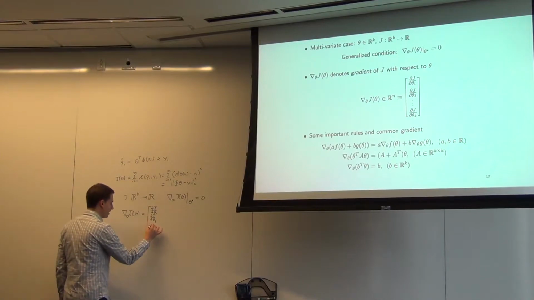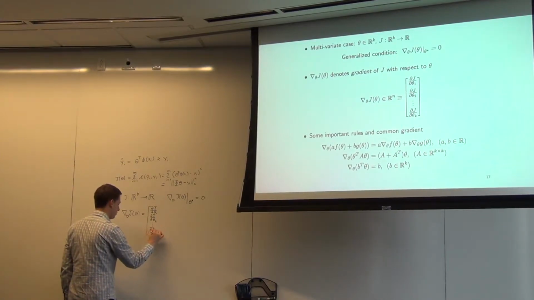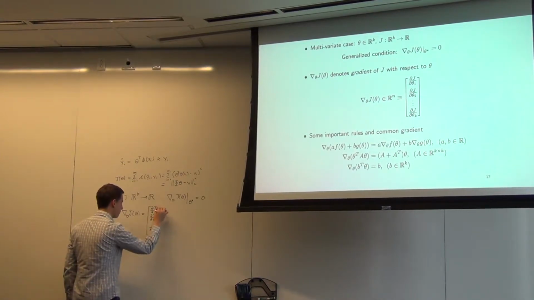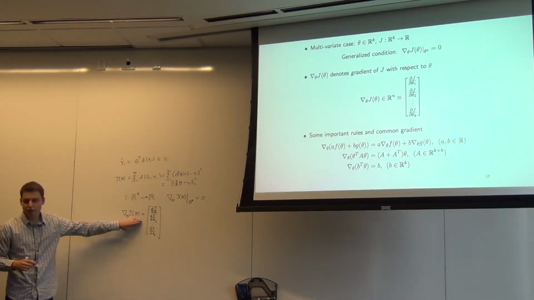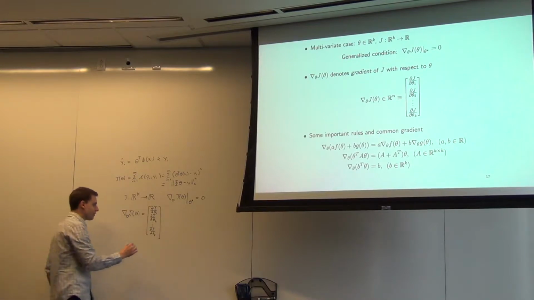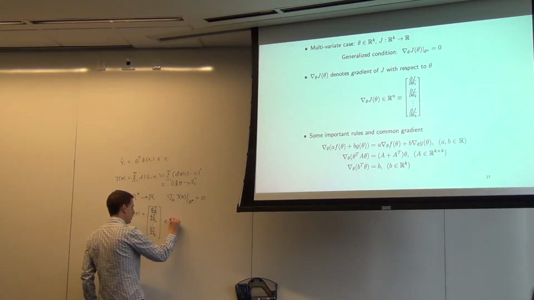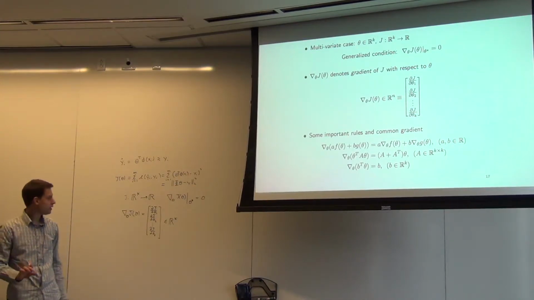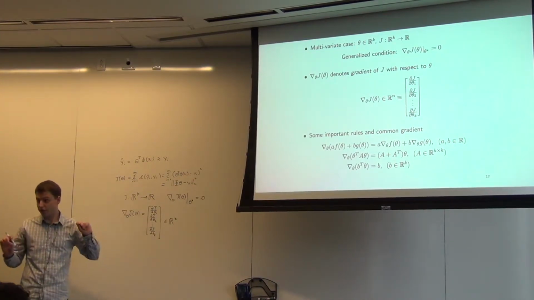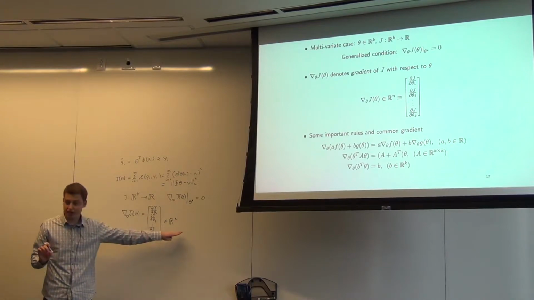All the way down to the derivative of j with respect to theta k. But the important part here is that this thing is itself a vector, and it's a vector in Rk. So it is a k-dimensional vector itself. j takes k-dimensional inputs. This thing produces k-dimensional outputs.